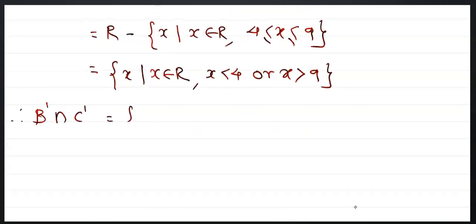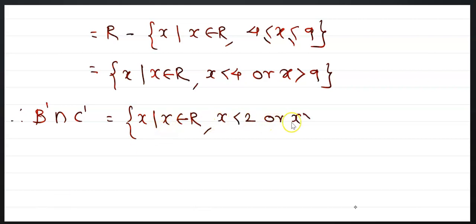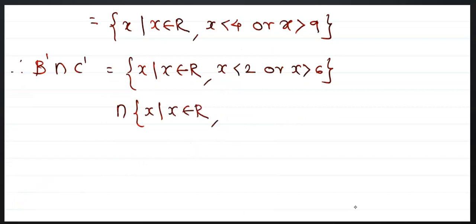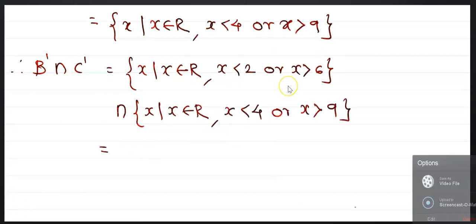B complement intersection C complement, that is x such that x belongs to the set of real numbers, x is less than 2 or x is greater than 6. Therefore, intersection, these are the main points. Now the intersection, common of these two: x is less than 2, x is less than 4.